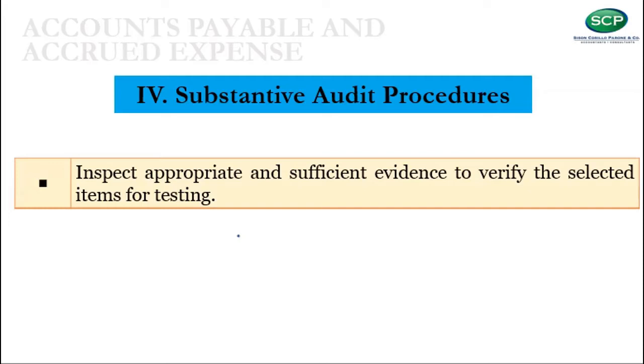So what we do is examine documents supporting subsequent payments for the liabilities made such as duly approved check vouchers, bank transfer slips, bank statements, and official or collection receipts issued by the vendor. So any valid and appropriate document supporting subsequent payments of the 8 transactions that we selected.